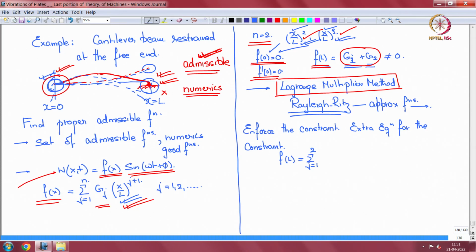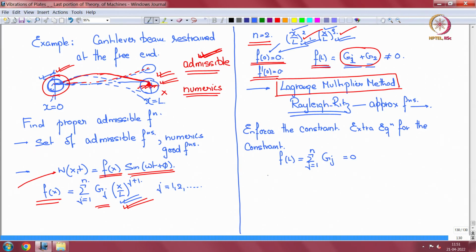I am doing a case for n equal to 2, so let me put n for now, if there are n terms.